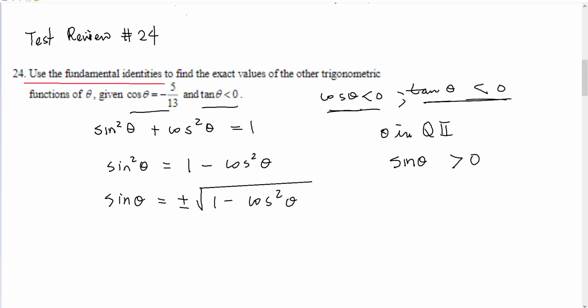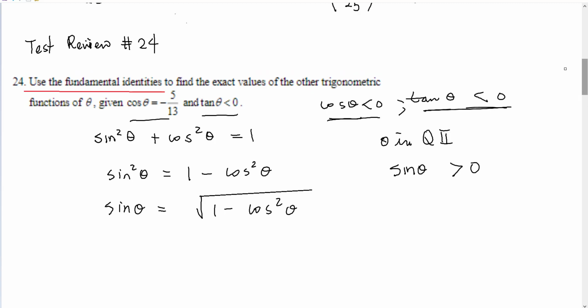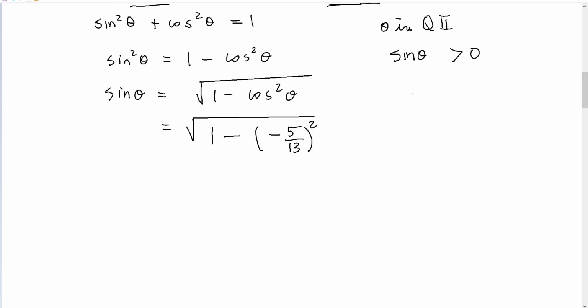So I'm going to drop the negative sign and just keep the positive sign. Now it's the square root of 1 minus cosine squared theta, and I'm going to substitute cosine theta by the given number, negative 5 over 13.